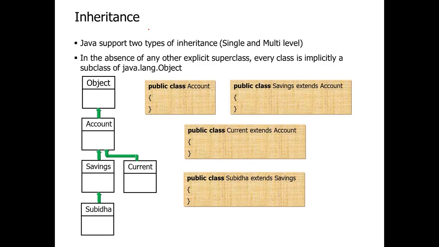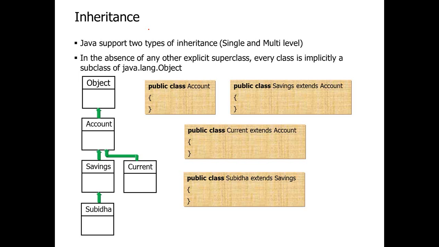Similarly, the concept of inheritance is used in Java, where you have a parent class, and your subclasses can inherit the behavior and the properties of your superclass or parent class. Alright, this is the definition of inheritance.